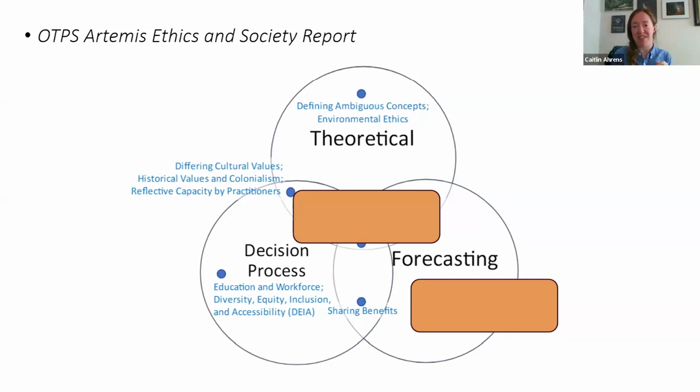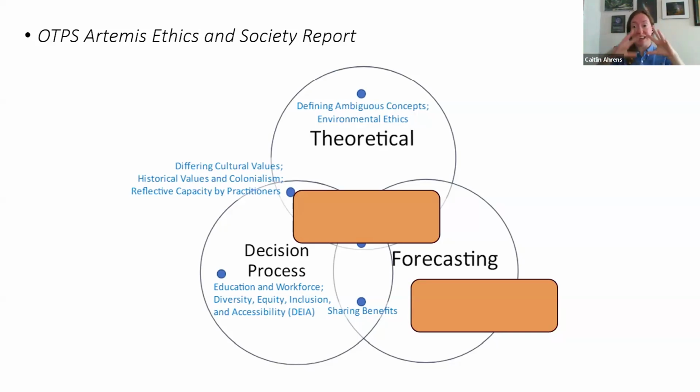The decision process would certainly be making sure we're going forward with being ethical, sharing ideas, sharing cultural values, making sure that we're being aware of historic interests, but also cultural interests, making sure we're being reflective of each other's decisions.